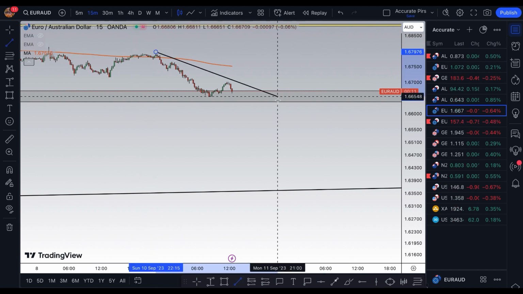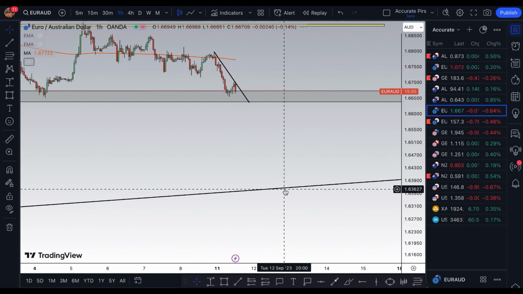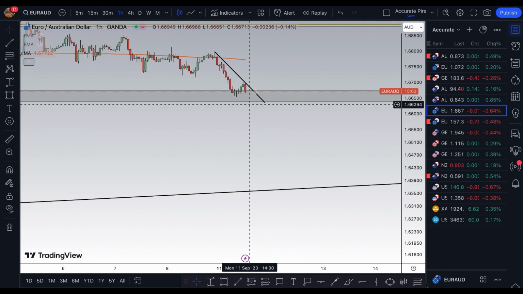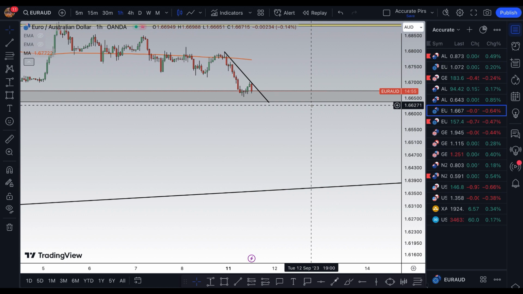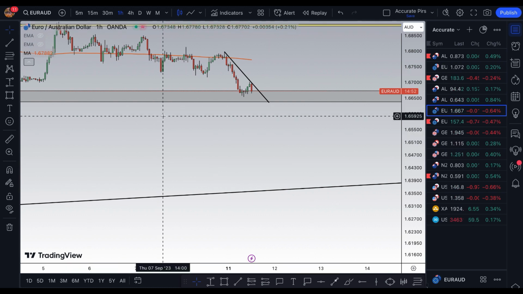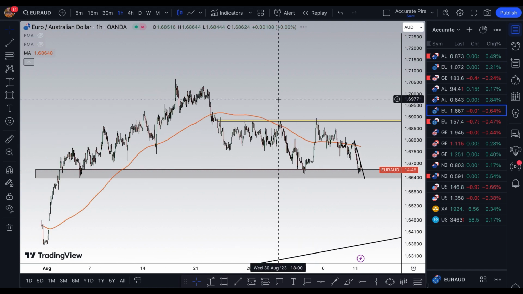So I'm going to put this temporary trend line and see how the market reacts to it on a 15-minute time frame. If we get a breakout from it, then I'll probably look to buy following a candlestick reversal pattern. But I must see one of the candlestick reversal patterns that I use when I'm trading. So that's a setup on Euro/AUD for a buy position towards the upside.